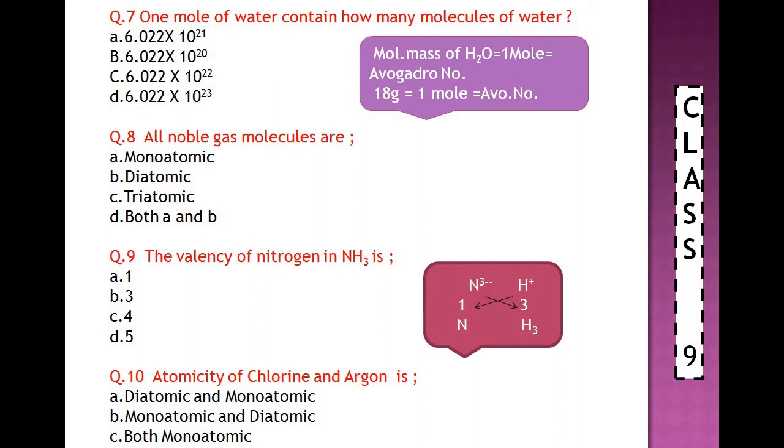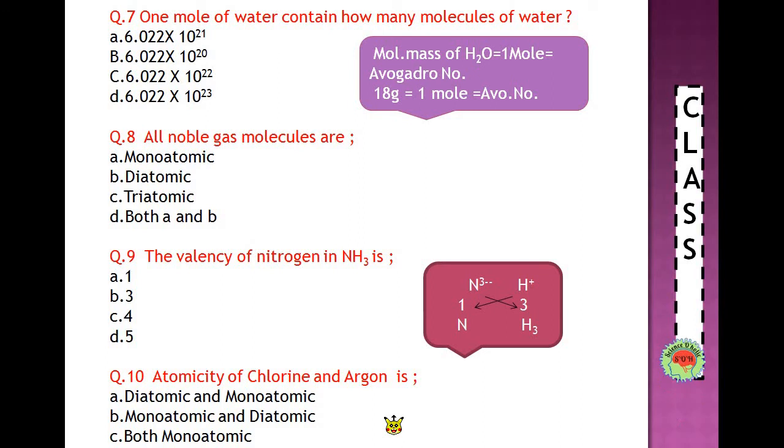That's why chlorine is always diatomic in nature. And argon, you know that argon is a noble gas and the octet of a noble gas is complete, and because of that their valency is 0 and they don't participate in any chemical reaction, and that's why they are always monoatomic in nature. So the first answer of this question is correct, diatomic and monoatomic.